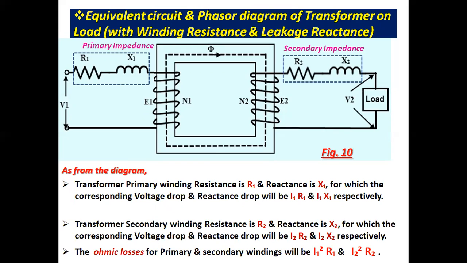The transformer secondary winding resistance is R2 and reactance is X2, for which the corresponding voltage drop and reactance drop will be I2 R2 and I2 X2 respectively. The ohmic losses for the primary and secondary windings will be I1 square R1 and I2 square R2.